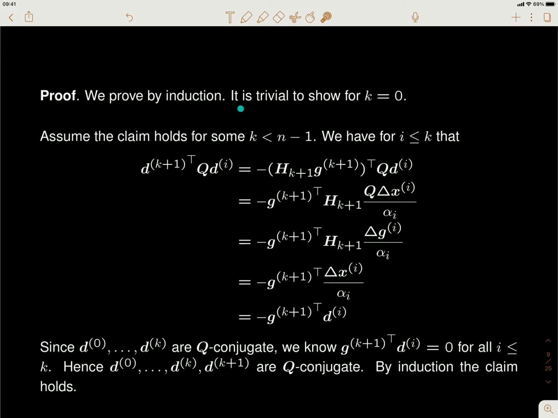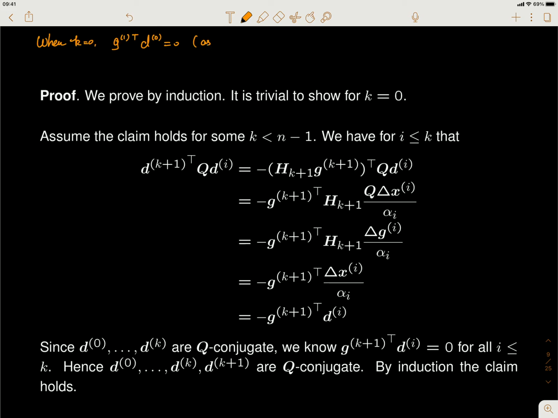That's why I'm saying it is trivial to show for the case k equals 0. When k equals 0, let me write it here, I know that g1 is perpendicular to d0 because of the way we chose alpha 0.